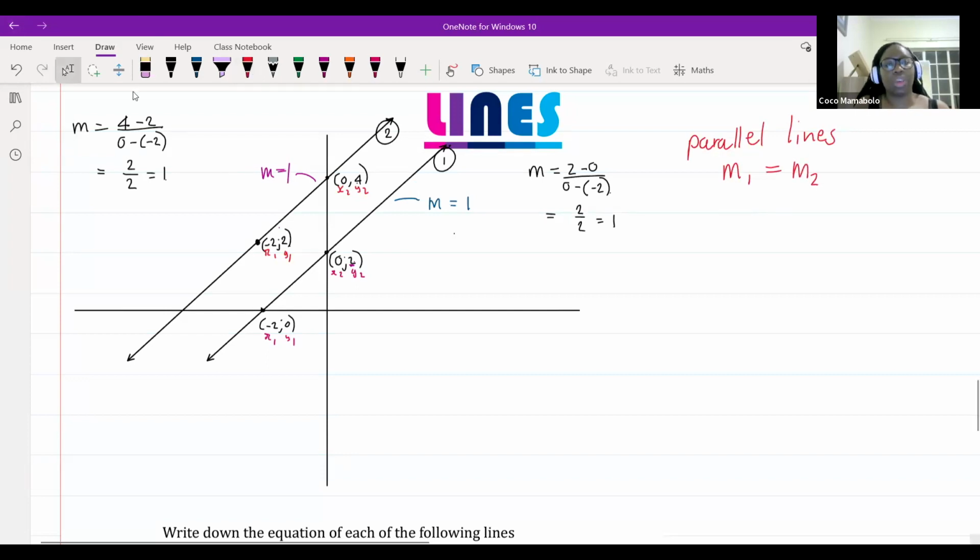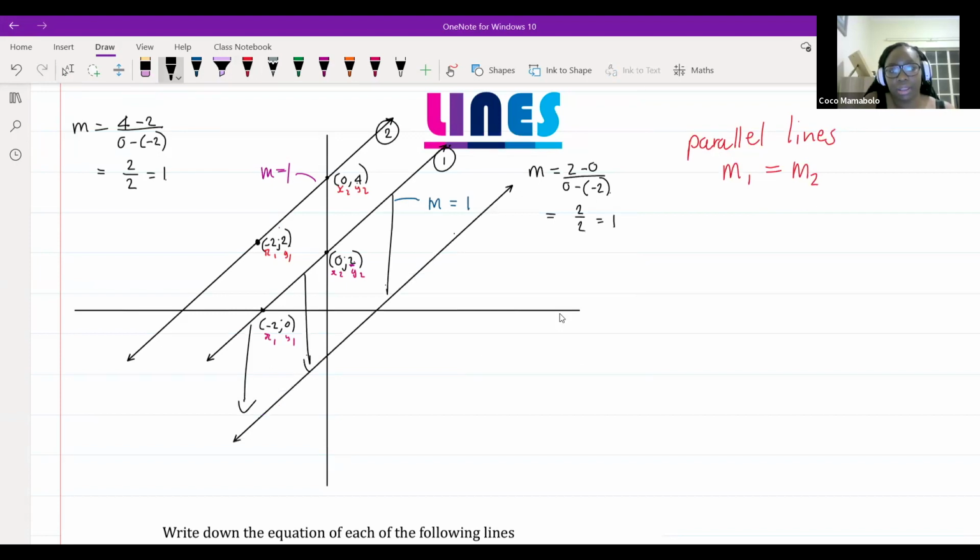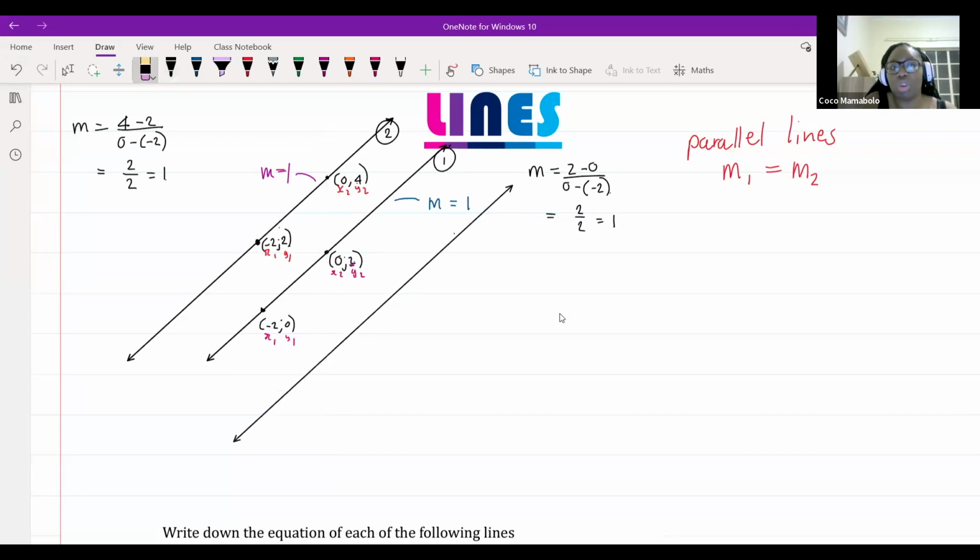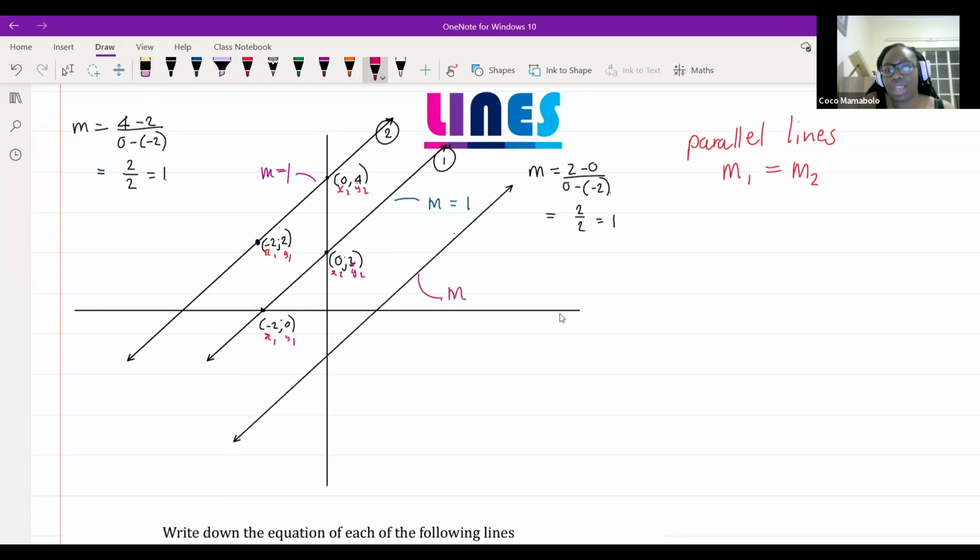So if I decided to draw another line that is again equidistant, if they're the same direction, I know that that means that the 2 lines are parallel, which means they will have the same gradient. So I don't even have to know much about this other line, but I already know that the gradient of this line is also going to be 1.